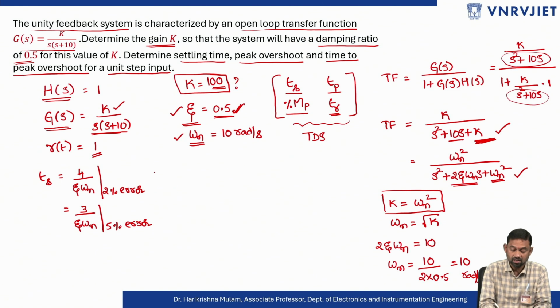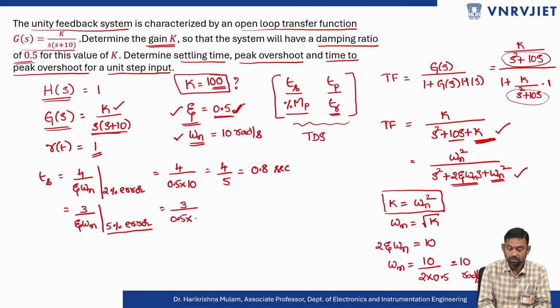5% steady state error. Therefore, settling time Ts is equal to 4 by zeta omega n, where zeta is 0.5 and omega n is equal to 10. That is equal to 4 by 5, which is equal to 0.8 seconds. Similarly, here for 5% steady state error, the settling time is 3 by 0.5 into omega n, where omega n is 10 radian per second.